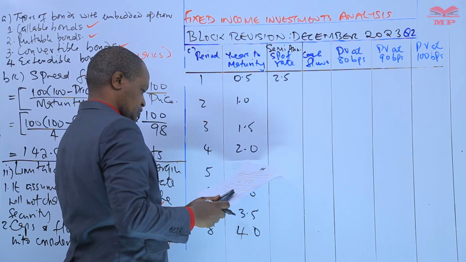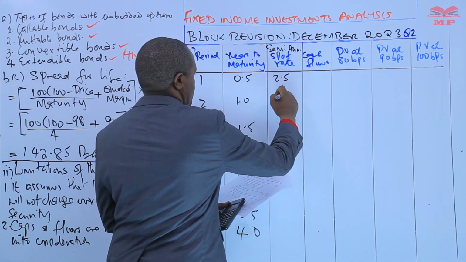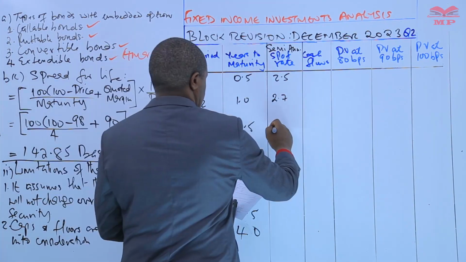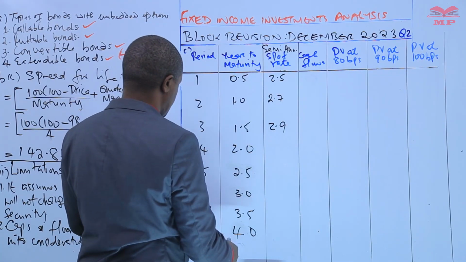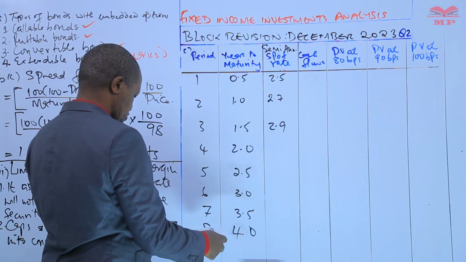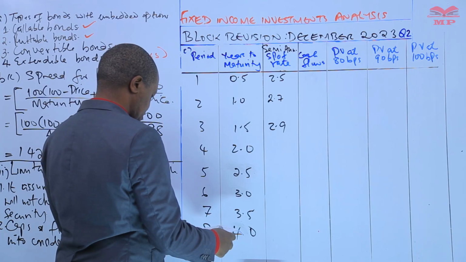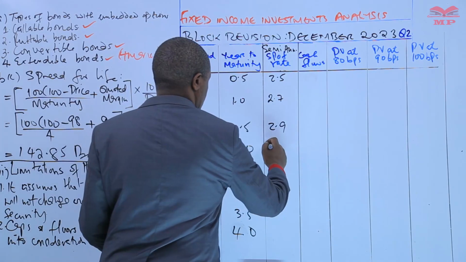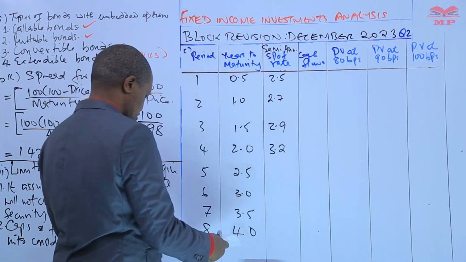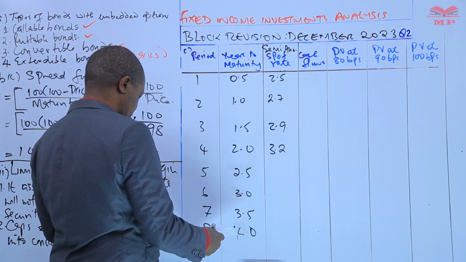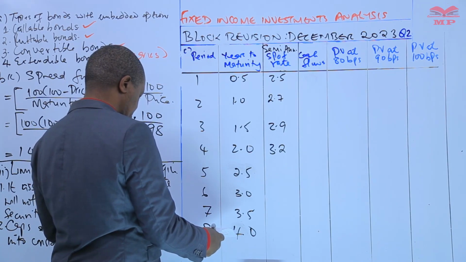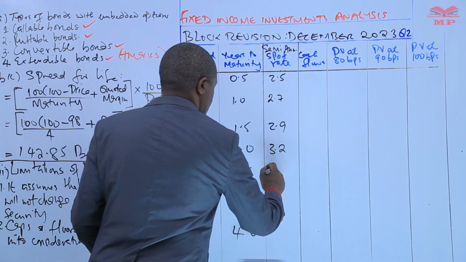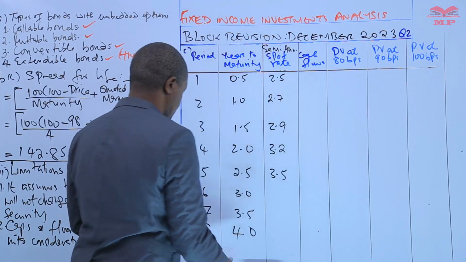Next one is 2.7, then 2.9%. Then the fourth period, the annual spot rate is 6.4. Divide by 2, that will be 3.2%. Period number 5 is 7%. Divide by 2, that will give us 3.5%.